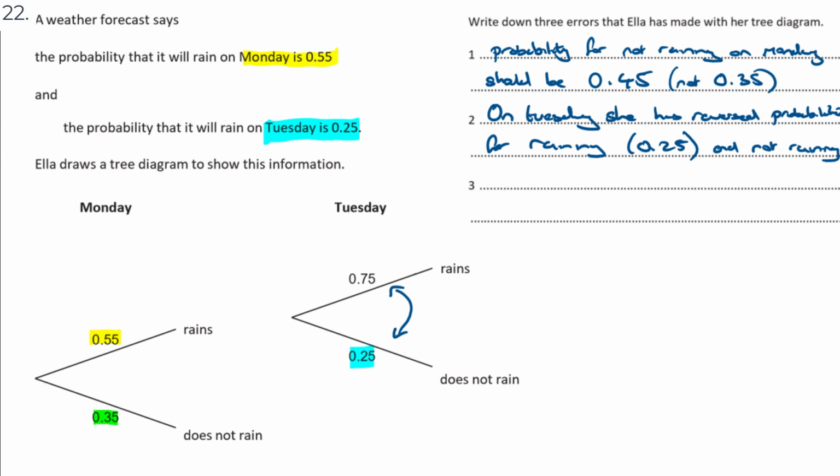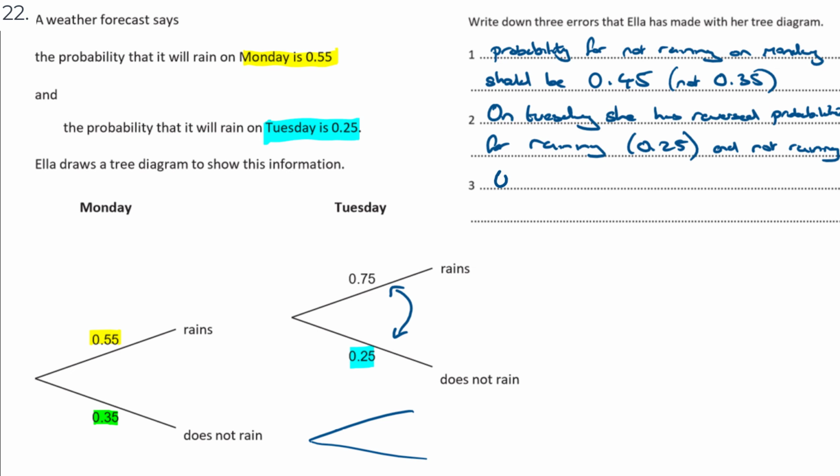What else? I think the final error that she's done, she's omitted this part of the diagram down here, isn't it? So she hasn't taken into account the probability that it may not rain on Monday but rain on Tuesday.